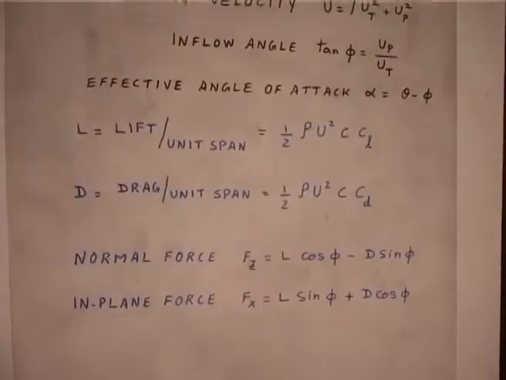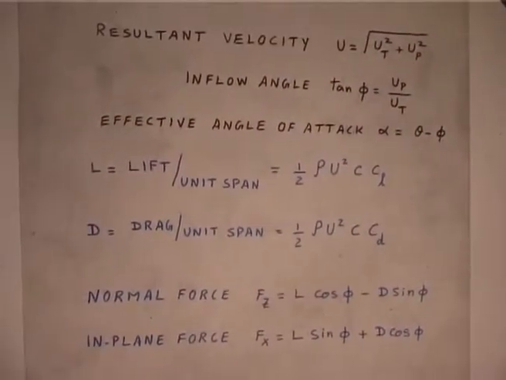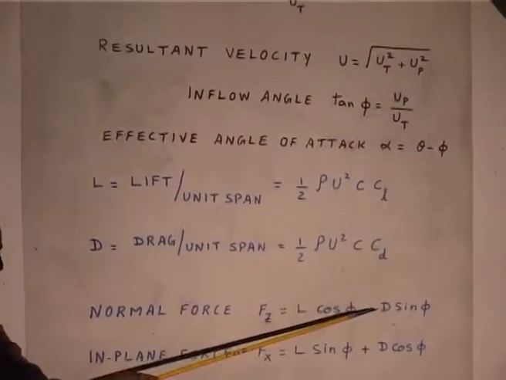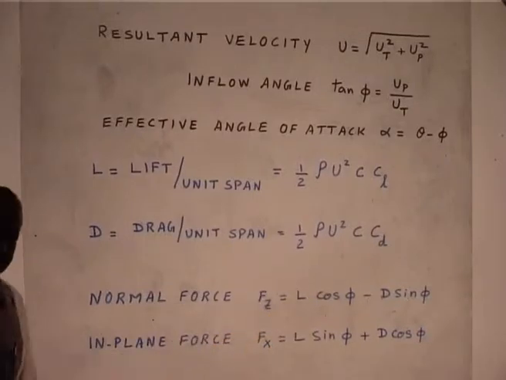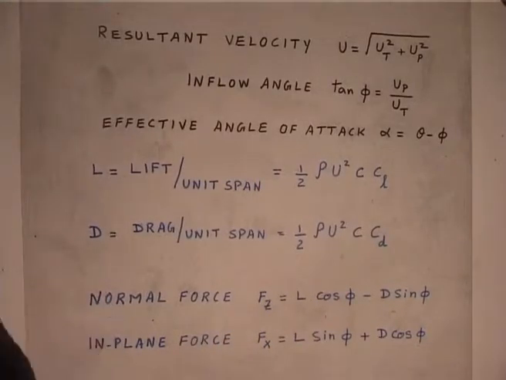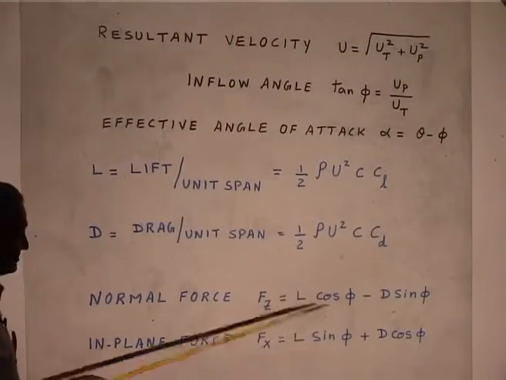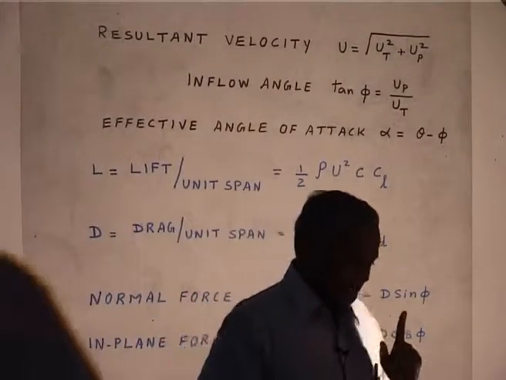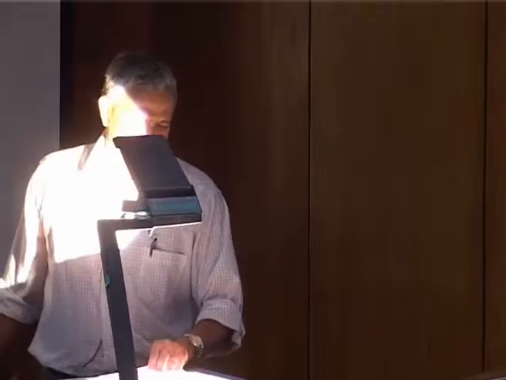So, cosine phi I take as 1, sin phi I call phi, whereas here D is also small, phi is also small, so the product is much smaller. So, I neglect that, whereas when I come here I do not do that. Now you understand, right at the beginning I make all sorts of approximations. That is what I have given here.